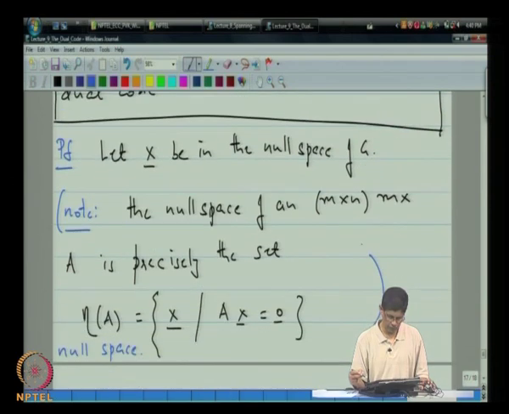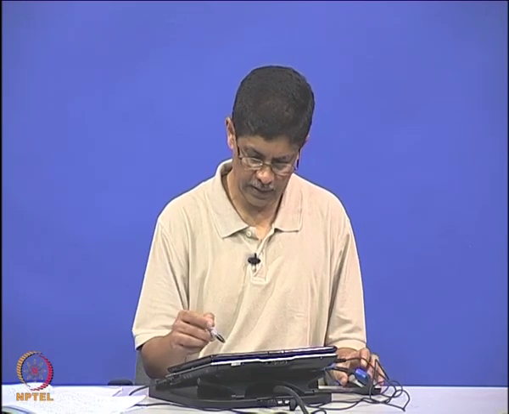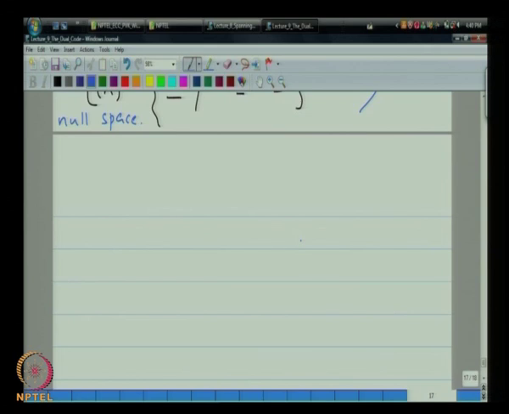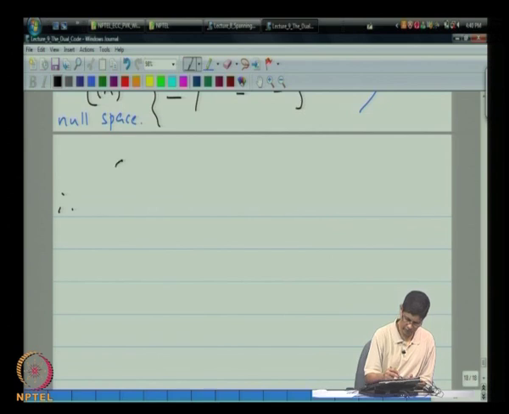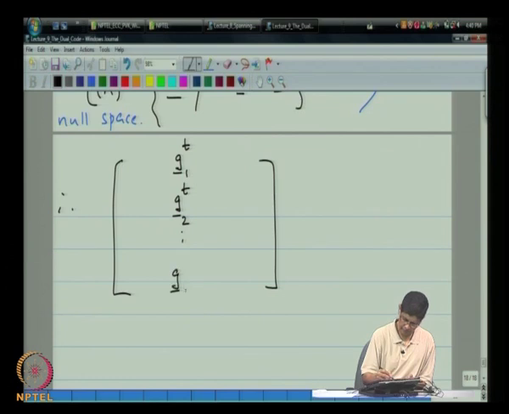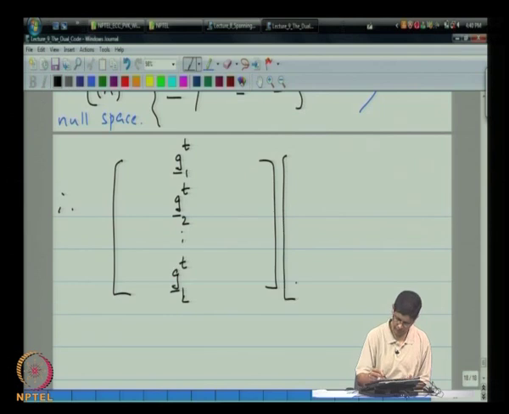So, we want to prove that the null space of the generator matrix is precisely the dual code. So, let x be in the null space of G. Okay. Therefore, it follows that G1 transpose, G2 transpose, Gk transpose times the vector x is 0.